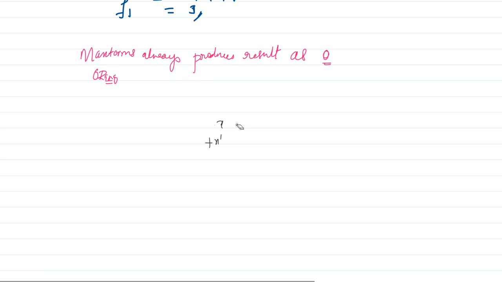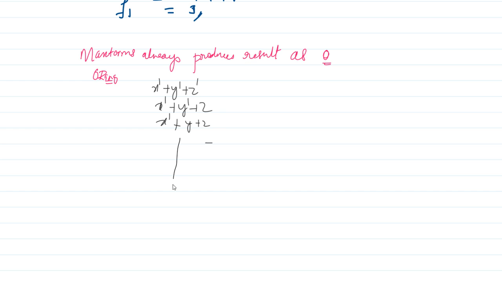In the same way, if you consider 3 variables, how can we write? x bar plus y bar plus z bar, like this, x bar plus y bar plus z, x bar plus y plus z, like this. You can write 8 combinations for 3 variable max terms. Here, if you observe, I have written an OR operation between these 3 literals or variables.